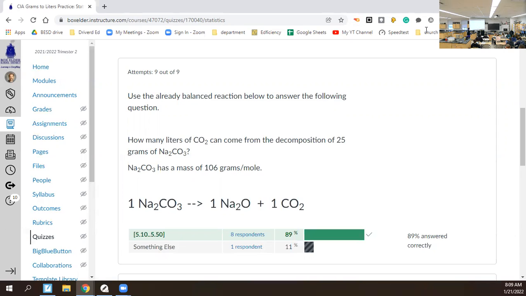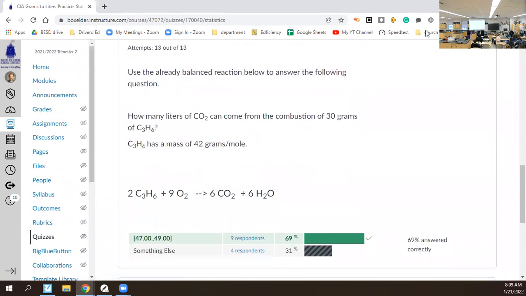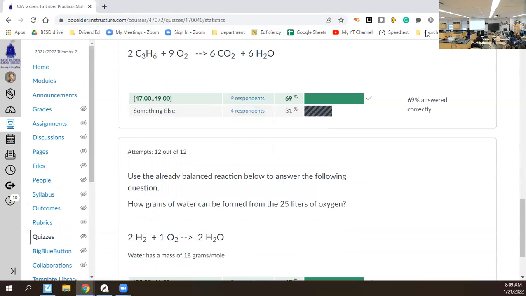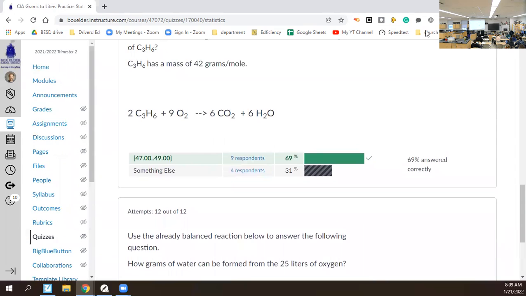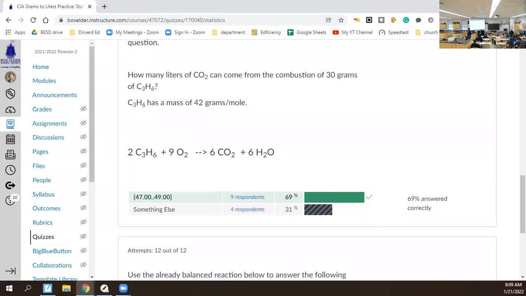Just to make sure you don't put 106 in as your given value. All right, but overall, I feel pretty good about it. If you're the one, maybe we should do that one together. But if you're struggling, let's talk about it. Okay, this one didn't go super hot, so let's just talk through it real quick.